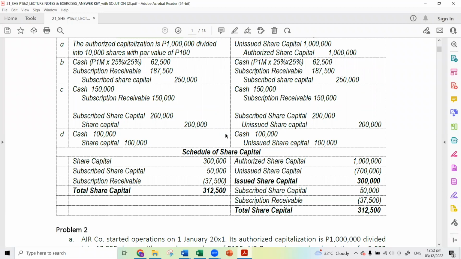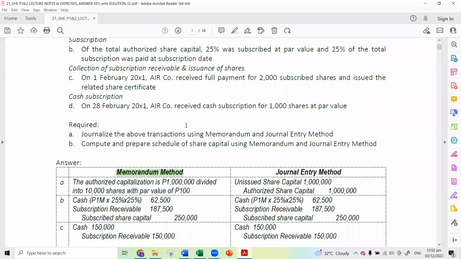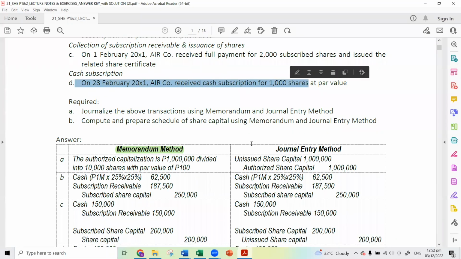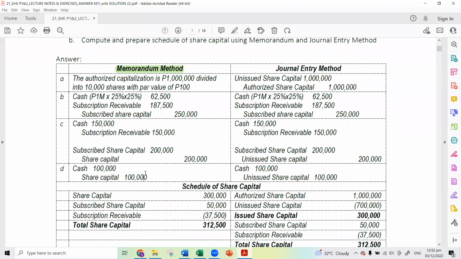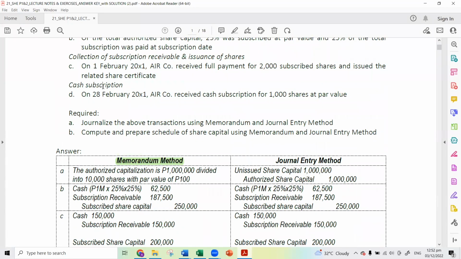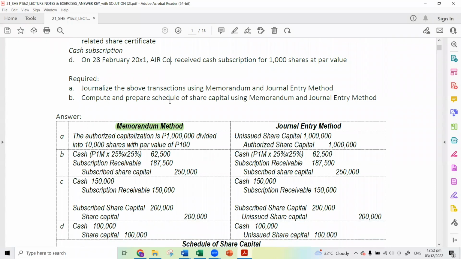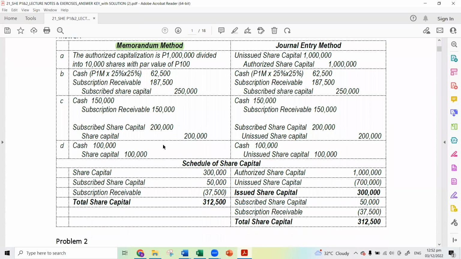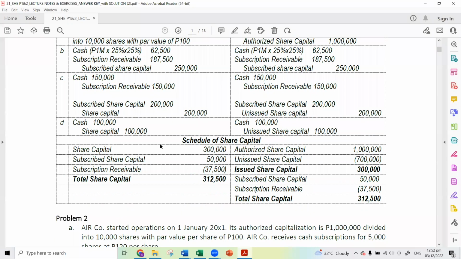Okay? Next, we have here the cash subscription. So, under this related transaction, this is the entry, no? You have your cash and share capital. Ano yan? Cash subscription naman kasi ito. Okay? Kanina, sinubscribe. But this one, this is cash subscription.